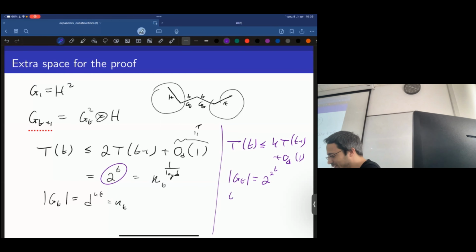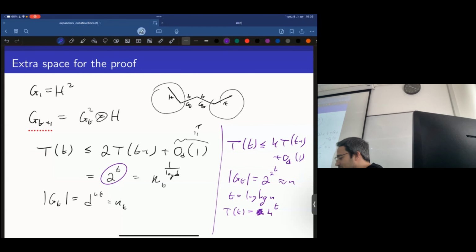So the number of iterations we need is roughly log n, because we want this to be roughly n. And the recursion solves to something like 4 to the t, but that's fine. That's like log n squared, because 4 to the log log n is log n squared.